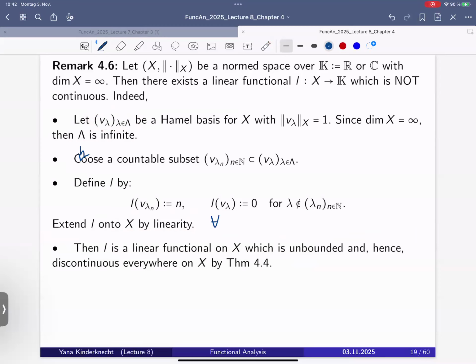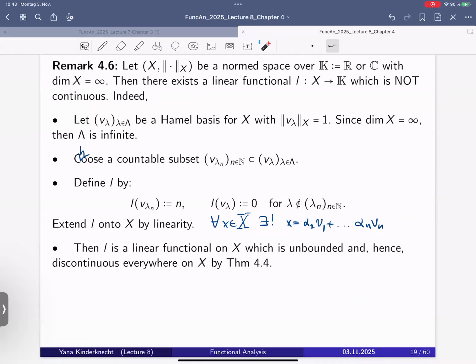For any x in our space X, there exists a unique representation x equals alpha 1 v1 plus etc. plus alpha n vn, where these vectors are from the Hamel basis, and the alphas are coordinates from the field. This linear combination is finite.